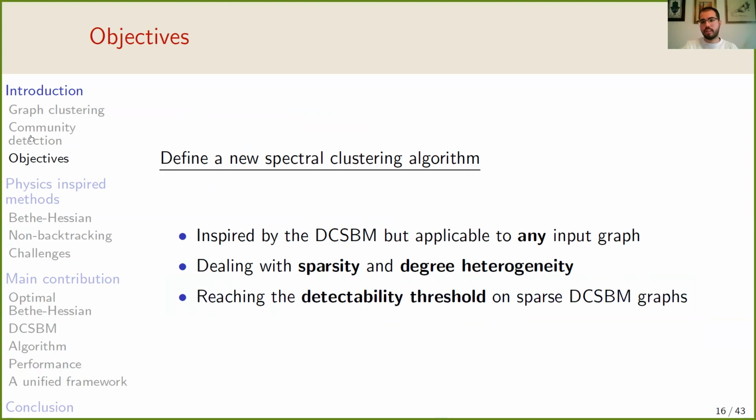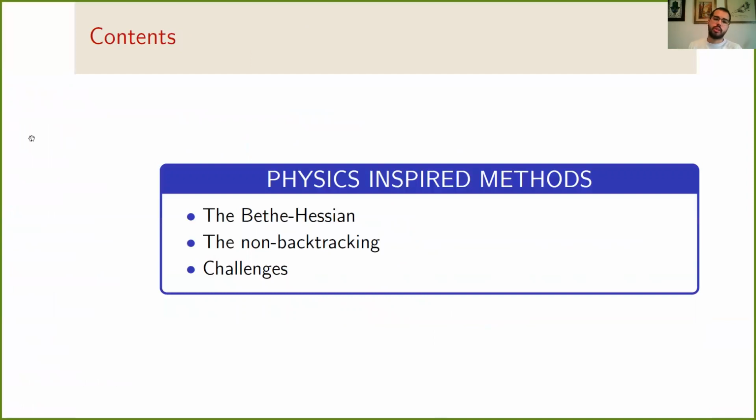And finally, on DCSBM graphs, it is able to achieve the detectability threshold, which means it is able to go as far as it is possible to go. To do so, we build on some physics-inspired methods, and notably on two very closely related matrices, the Bethe-Hessian and the non-backtracking matrix.